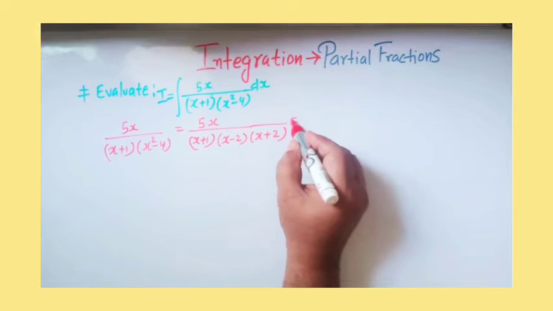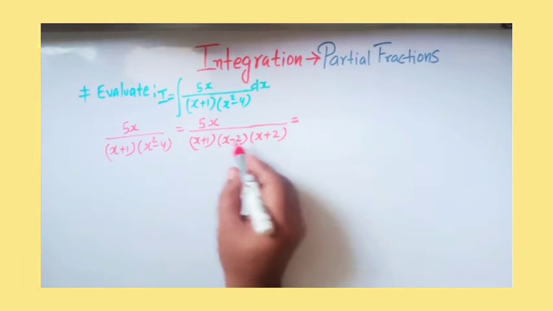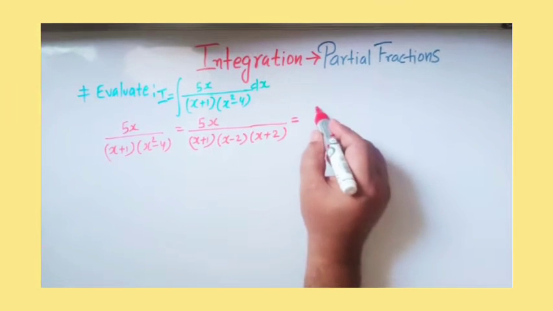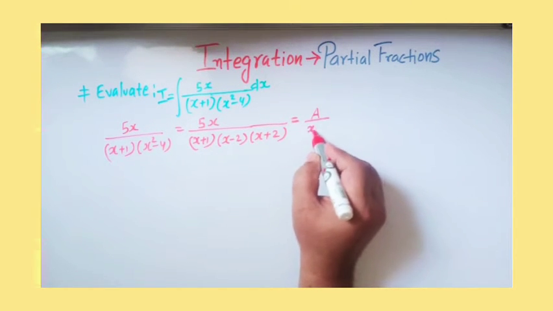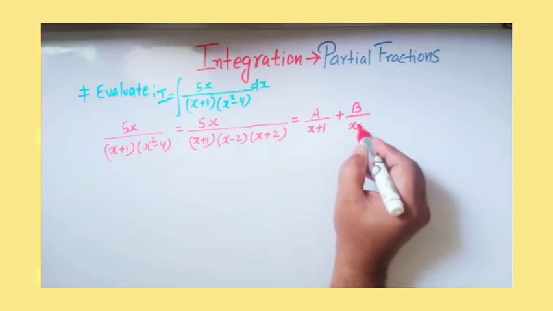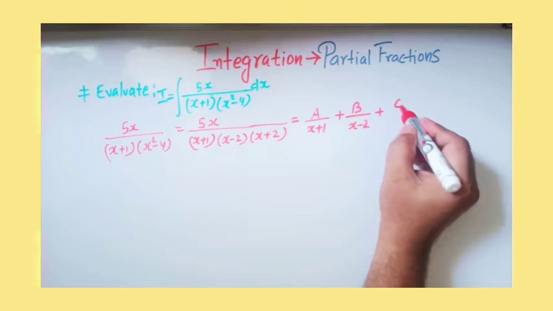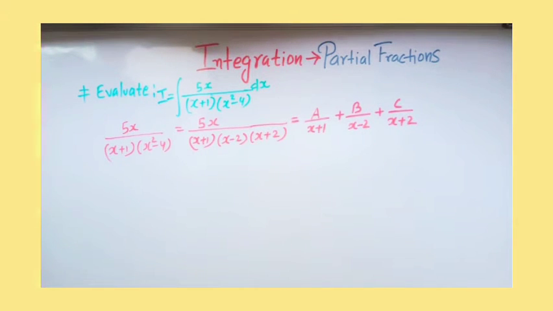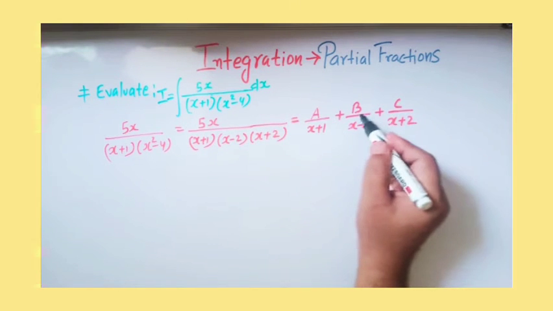So using partial fractions we can write this function as a divided by x plus 1, then we have b divided by x minus 2, and then we have c divided by x plus 2. Clear? Now our aim is to find the value of these constants.